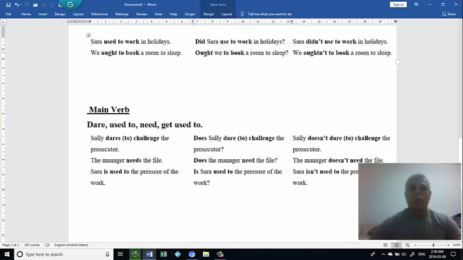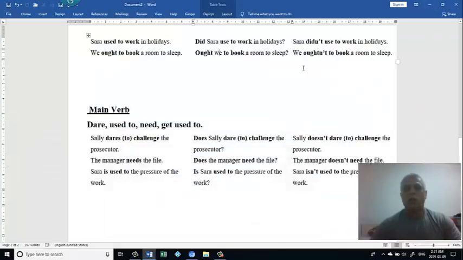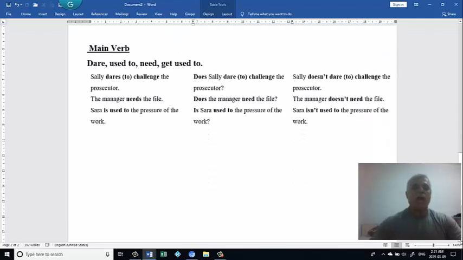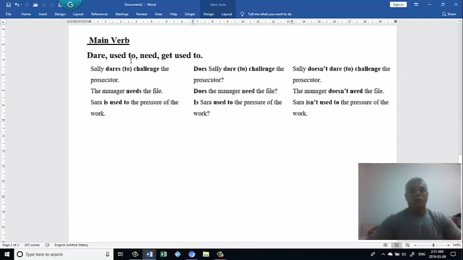That's the reason we say, ought we to book a room to sleep? Then we make it negative. We say, we ought not to book a room to sleep.